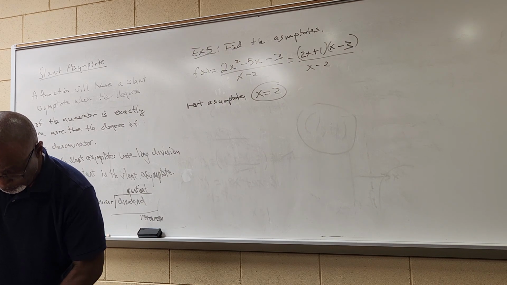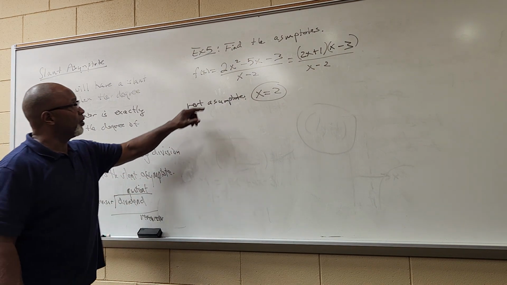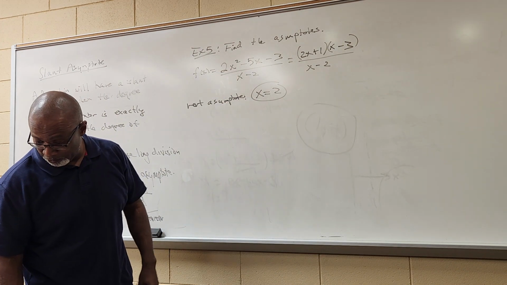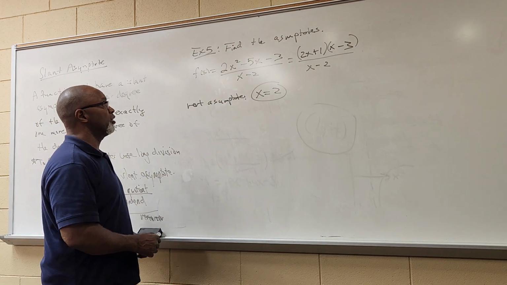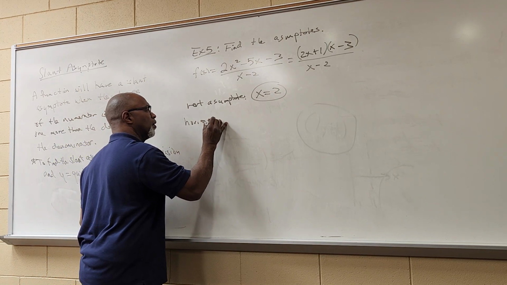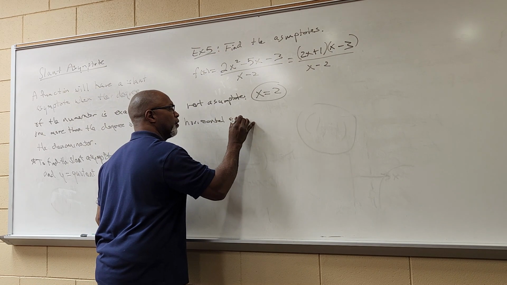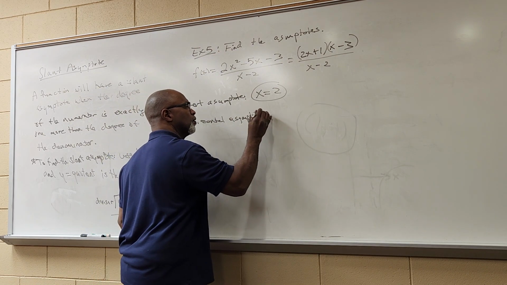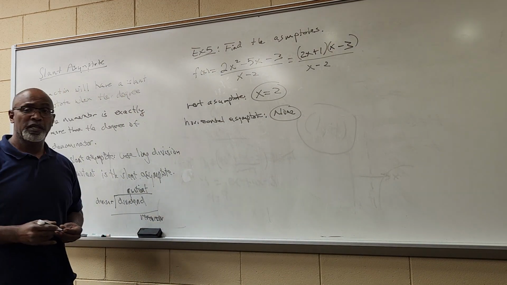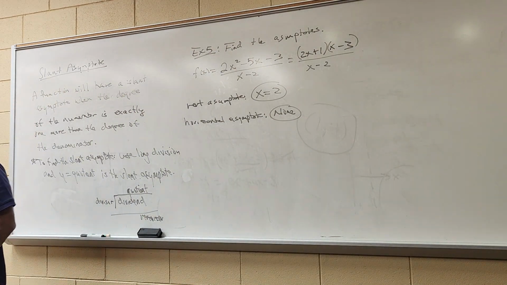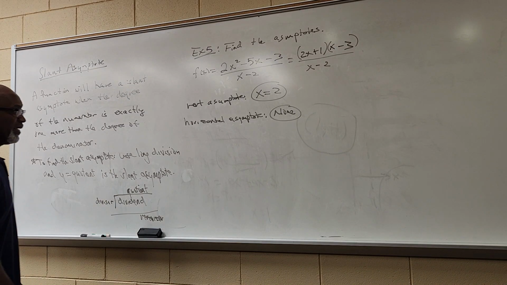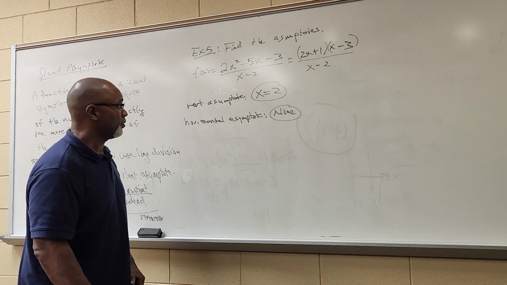Well, next is my horizontal asymptotes. The degree of my numerator is bigger than the degree of my denominator. Whenever the degree of the numerator is bigger than the degree of the denominator, there will not be any horizontal asymptotes.